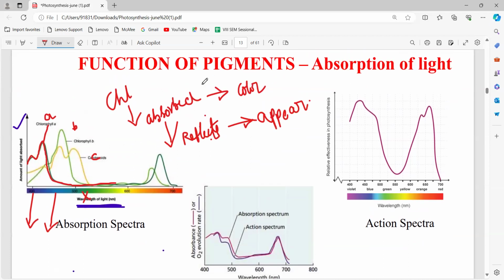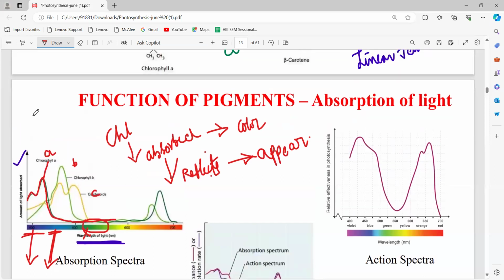So you can observe the picture very clearly here. Chlorophyll A is absorbing the dark blue light, so it never appears dark blue. It is absorbing light blue also, so it never appears light blue. But chlorophyll A is reflecting the green light at a higher fraction, so all the plants appear green in color.